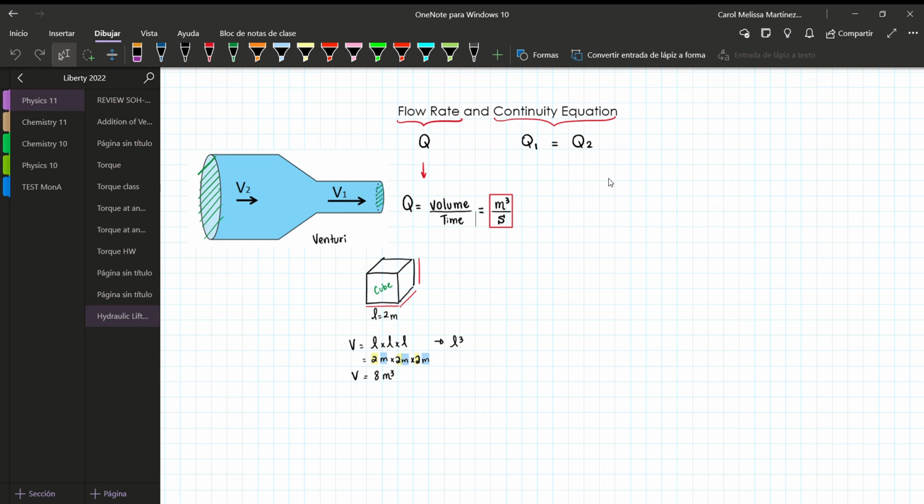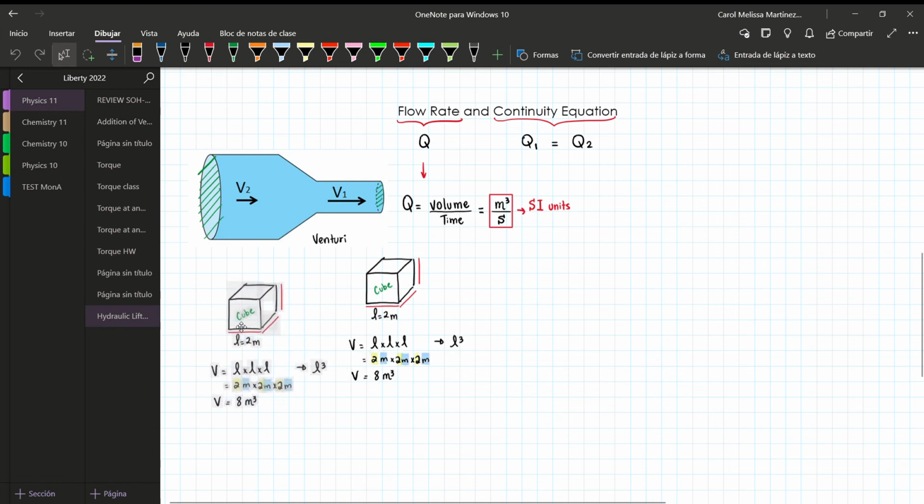Those are also units to measure the flow rate, but the SI units are going to be cubic meters per second, okay?